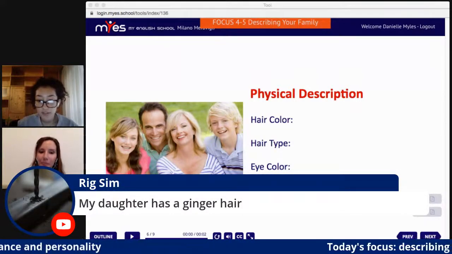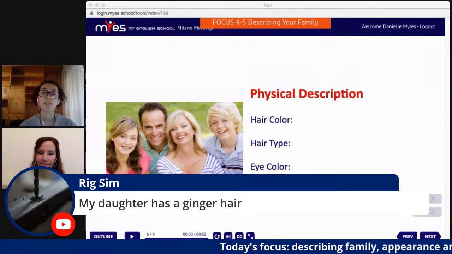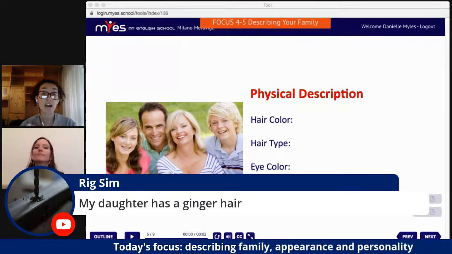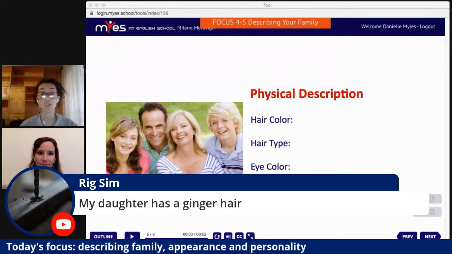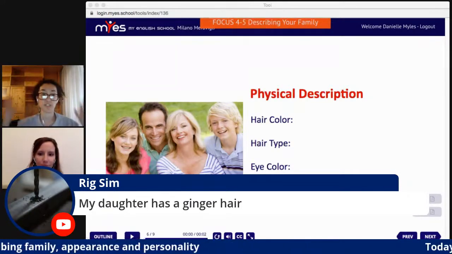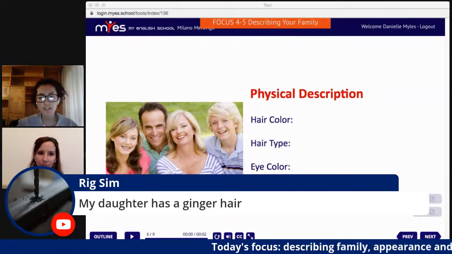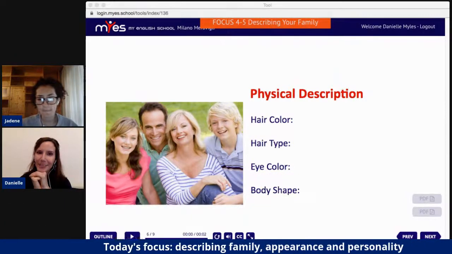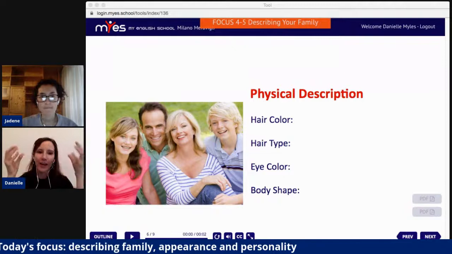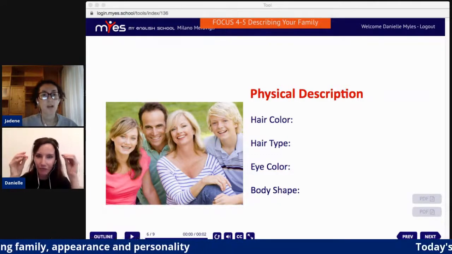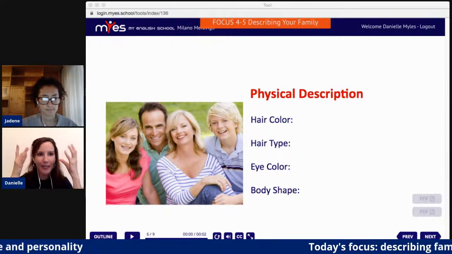Okay, and Simone as well. Also good. My daughter has... so we don't say a ginger hair because hair is not countable. So it's just hair. All of it is hair. But ginger, what color is ginger? That's a good example. Ginger is like red, natural red hair. So a little bit orange.